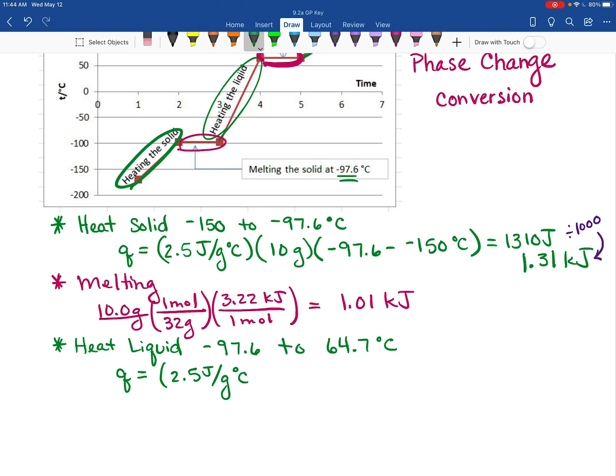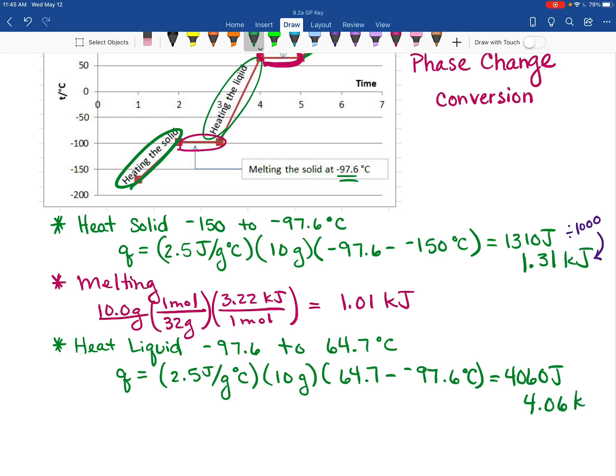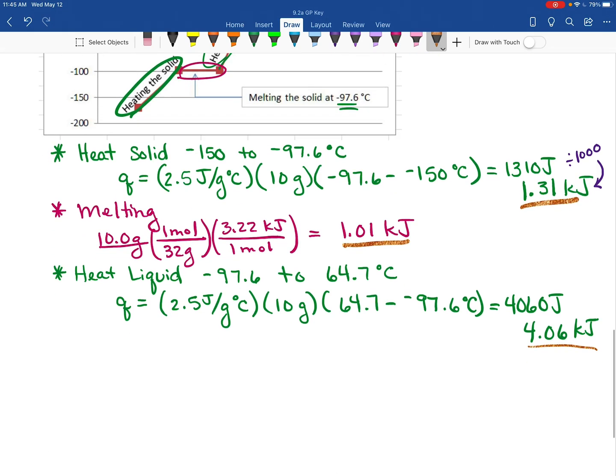That sometimes actually changes depending upon temperature. I'm just going to use that as a constant for now to simplify our problem solving. 64.7 is our final temperature minus the negative 97.6. I get 4060 joules, which is going to be 4.06 kilojoules. So I'll go ahead and put those together. So first three. Okay, let's keep going.